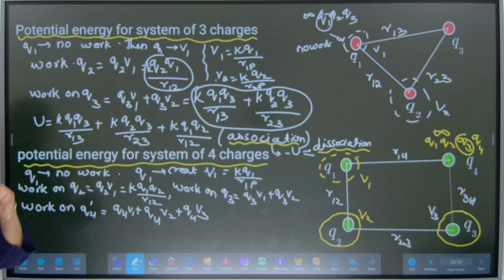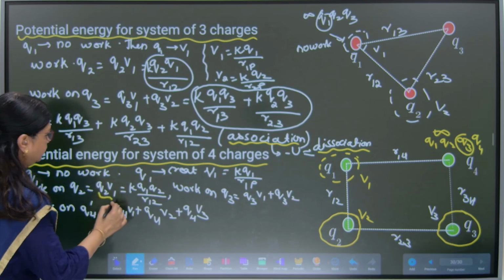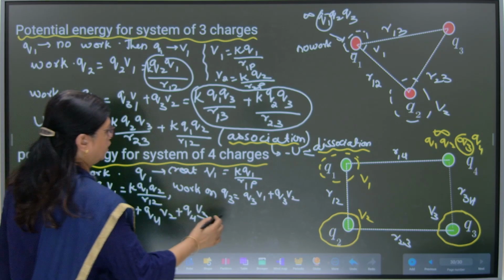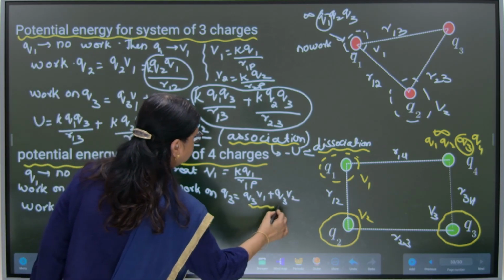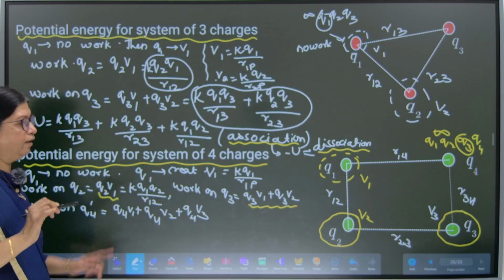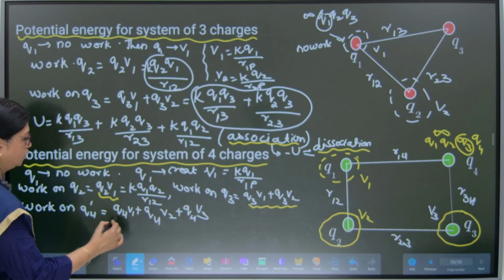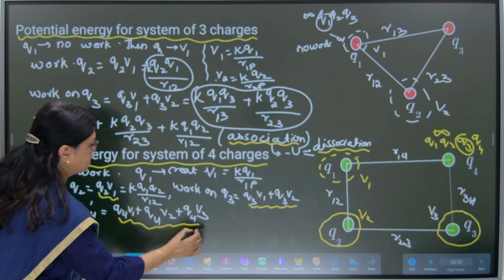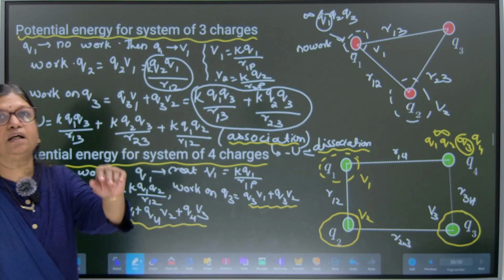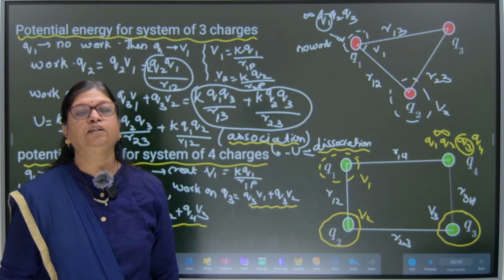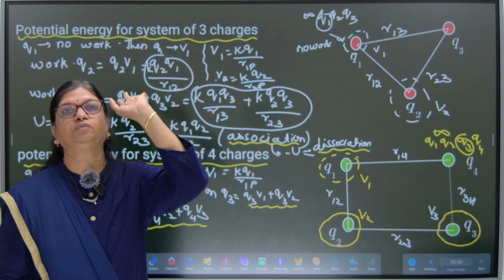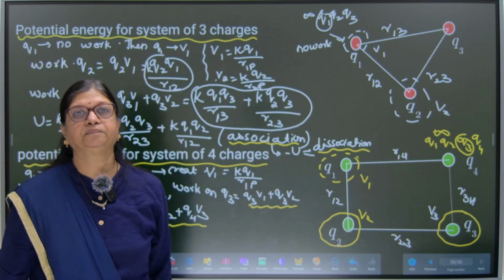So what is the total potential energy? How many terms will it have? One term, 2, 3. Okay, 1, 2, 3, 4, 5, 6. 6 terms it will have. So let us write those 6 terms and add them.